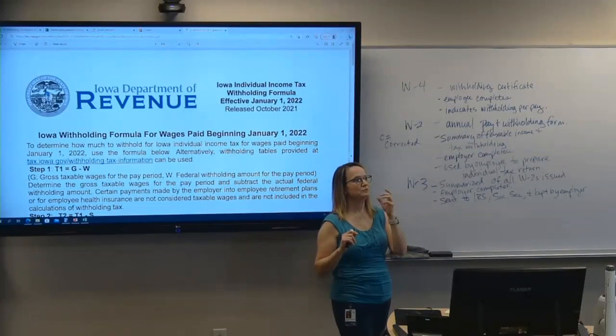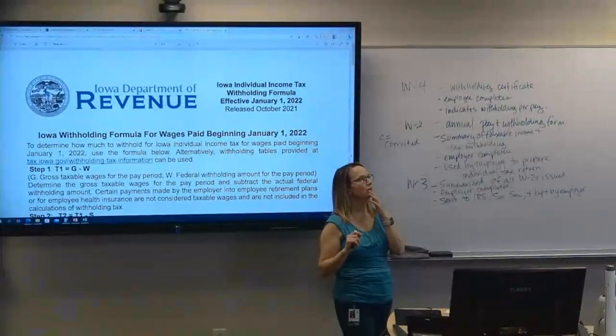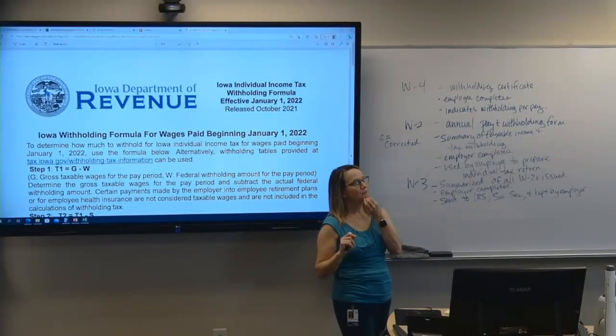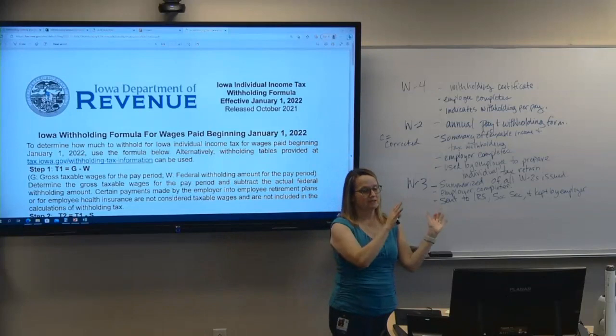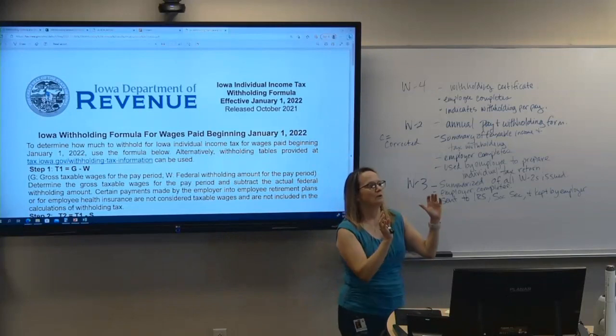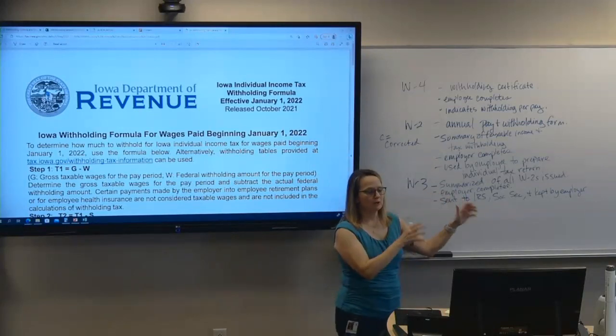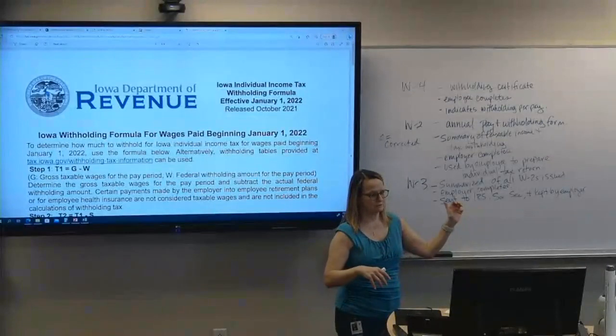imagine if you, well, this probably wouldn't warrant a corrected W-3, but if you reported the wrong amount of income in a particular quarter, that means you very well may have, so first quarter, you underreported by $100.